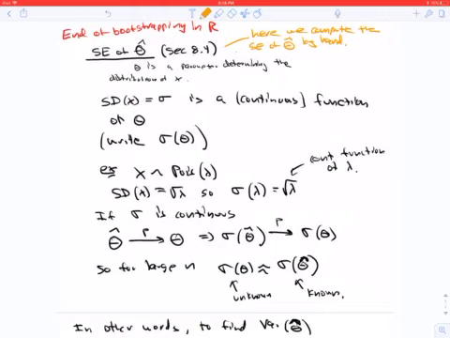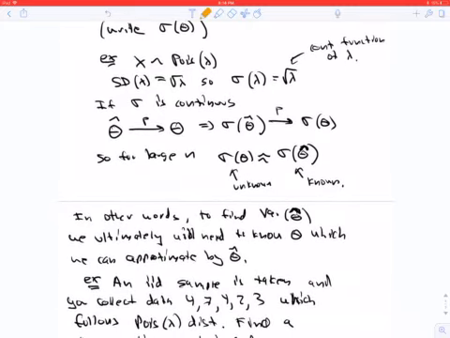So here we are back in section 8.4. Theta is a parameter determining the distribution of x. The SD of x we denote by sigma, which is a continuous function of theta. So for example, if x is Poisson lambda, sigma of lambda is the square root of lambda, a continuous function of lambda. Our estimator is consistent, so that means that sigma of our estimator converges in probability to sigma of theta.